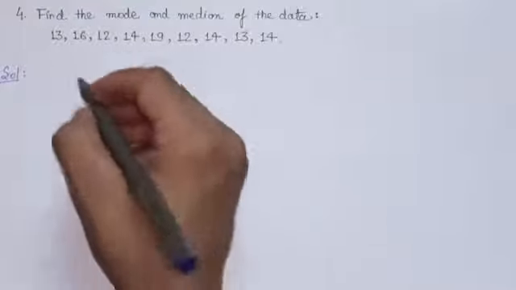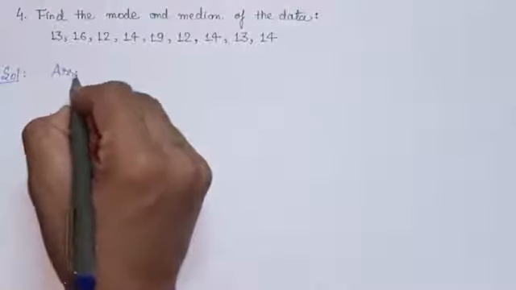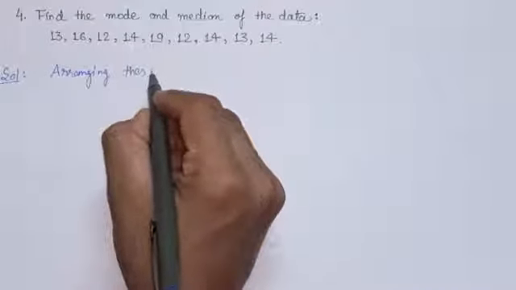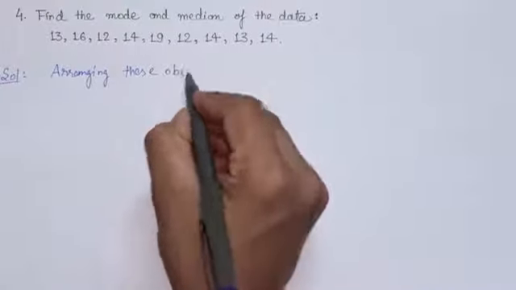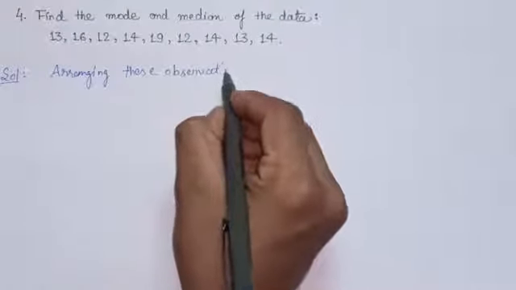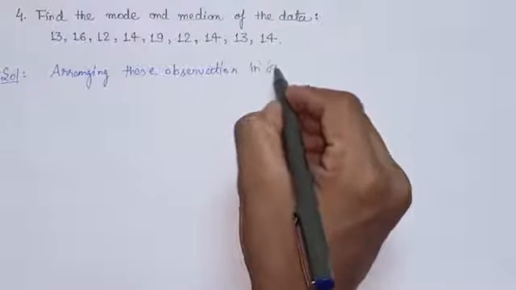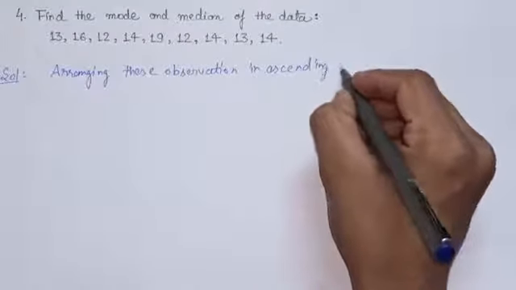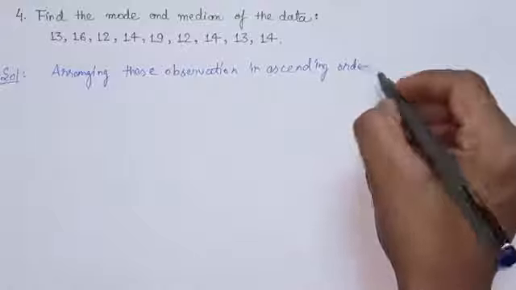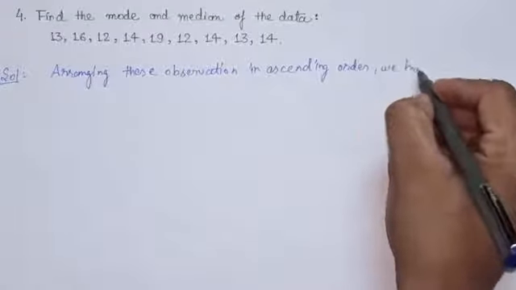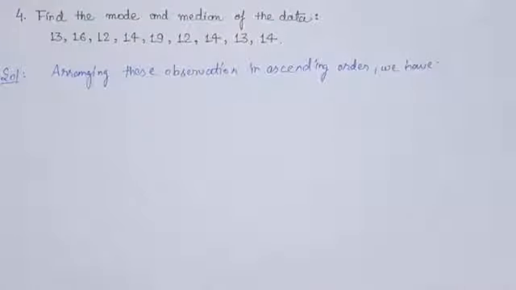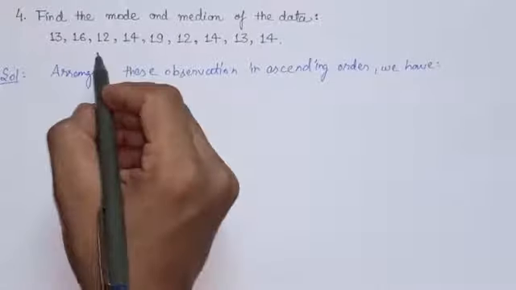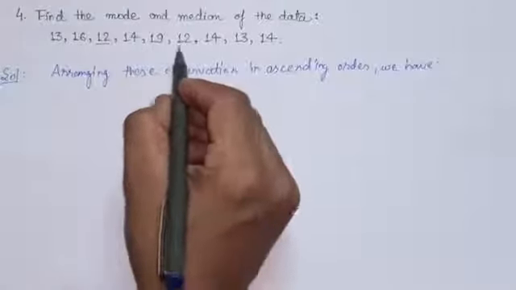So students, first we will arrange these observations in ascending order. So let us arrange. First you can see 12 is the smallest number, 12 here and here also.